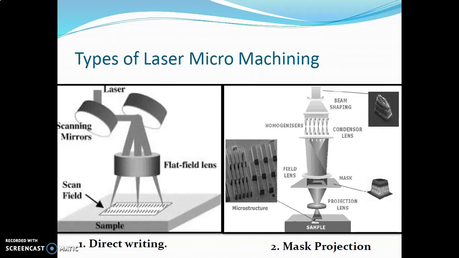So the laser will transfer through the mask, and the rest is actually an obstacle for the laser. The laser will not transfer through the whole part. So that will be focused on the projection lenses, and you can see in the sample we have the exact shape of the mask. It is a mirror image basically.